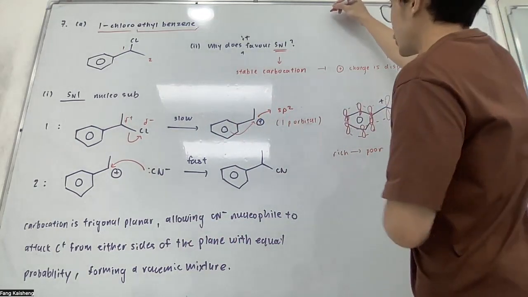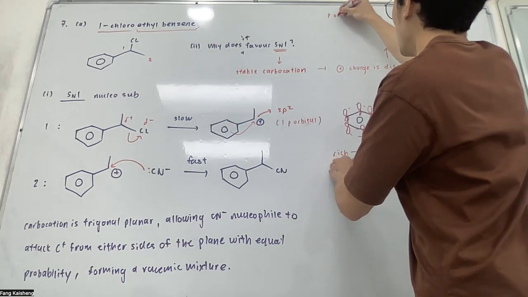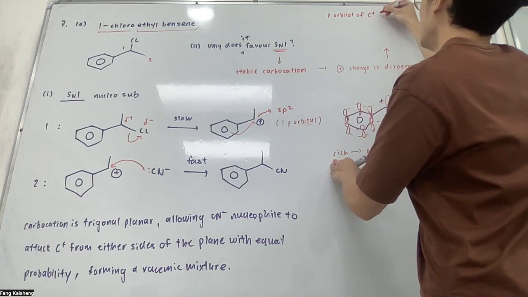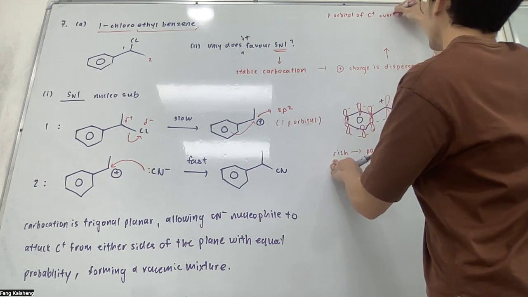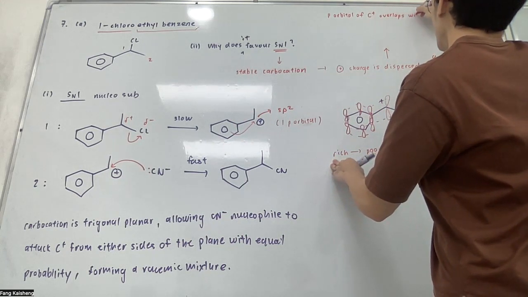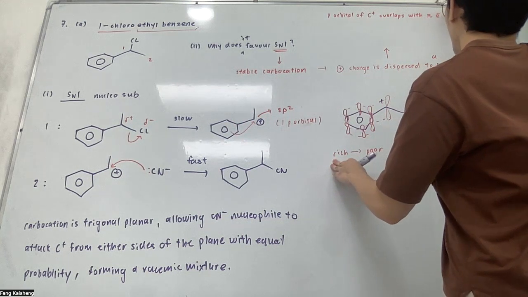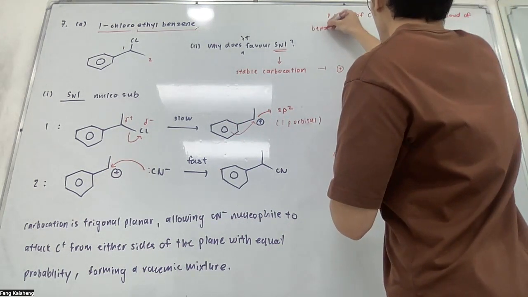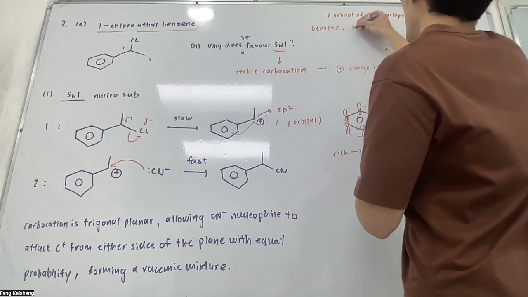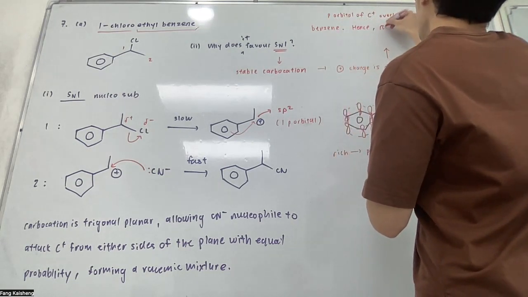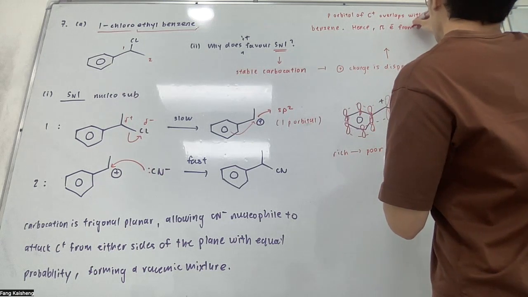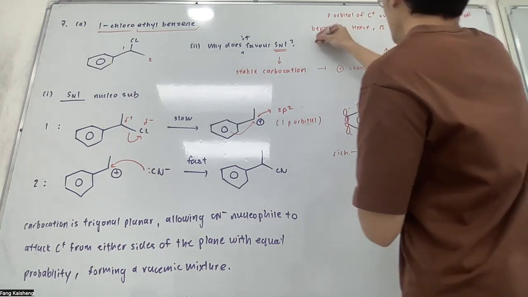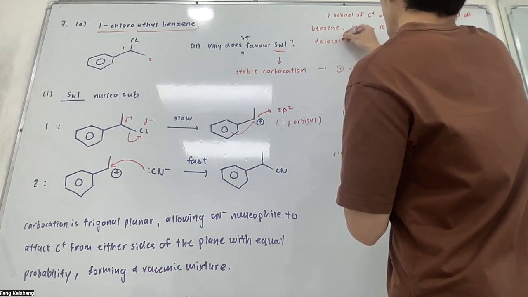So you must tell me that the p orbital of the positively charged carbon overlaps with the pi electron cloud of the benzene. Once it overlaps, pi electrons from benzene can delocalize into the carbon with the positive charge.